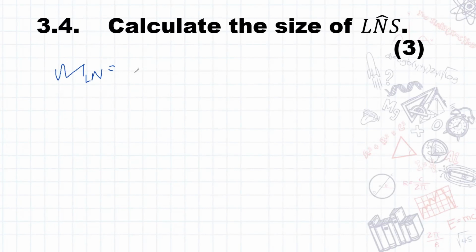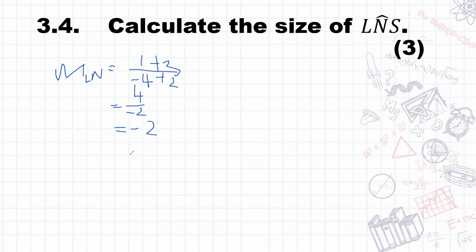All right, so LN, we know L is (-4, 1), so 1 at the top, -4 at the bottom, minus. N is (-2, -3), so -3 and -2. And so what we've got at the top is 4 over -2, and so our gradient is -2.